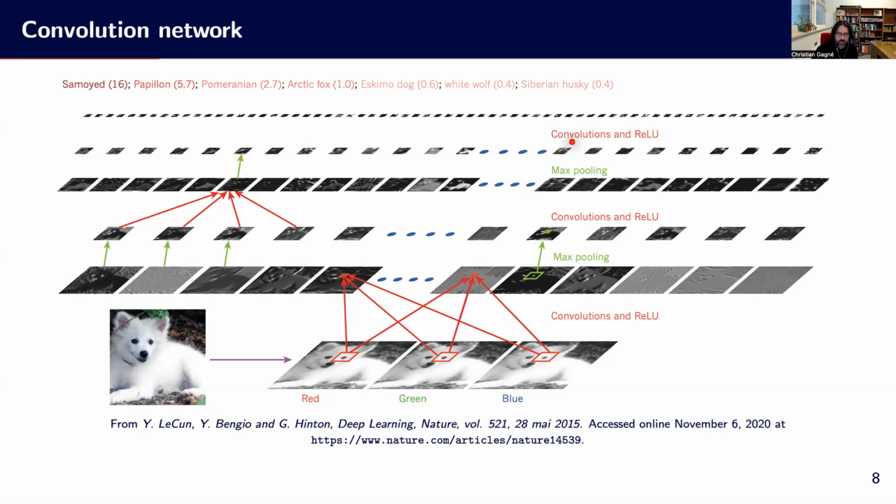And then we apply max pooling, then again convolution and ReLU, and we get to something really small that we can then use in fully connected layers to bring up a decision about the class corresponding to that image, which is said to be Samoyed here. And we have other possibilities here with different scores that are given as output.